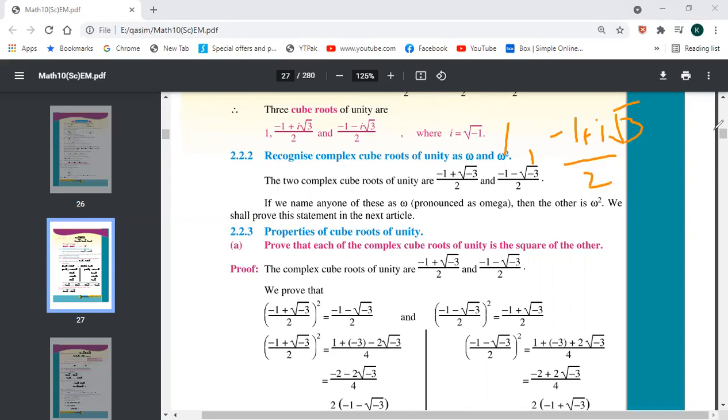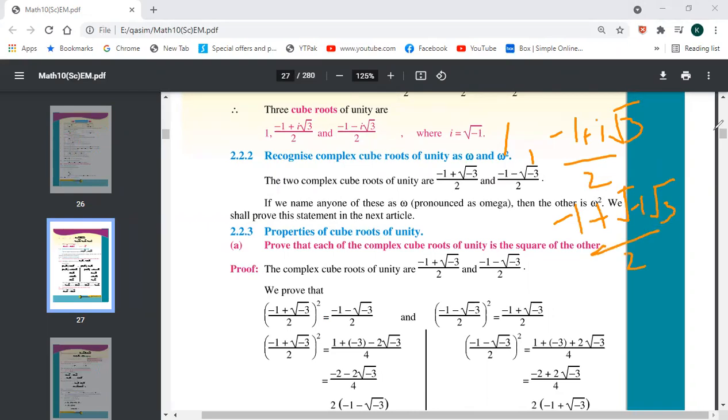This iota equals root of minus 1. So the value is minus 1 plus, and this iota means root minus 1, times root 3 divided by 2.